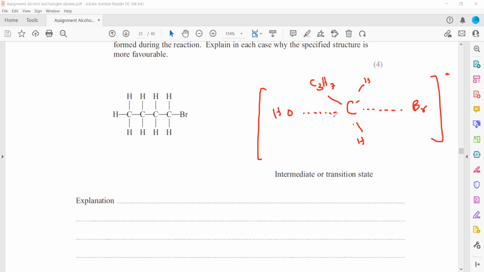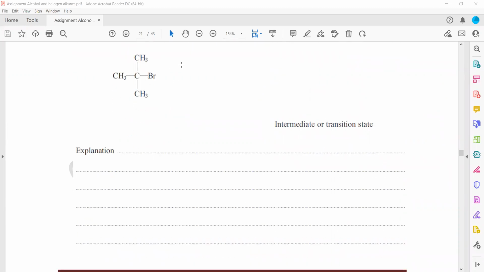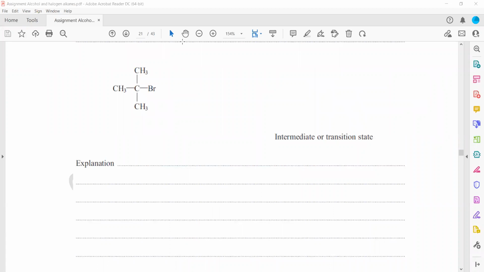But what about the tertiary? In tertiary, the attacking nucleophile does not find any space because it is surrounded by alkyl groups. This we call steric hindrance. So due to steric hindrance, the attacking nucleophile does not find a space to attack.